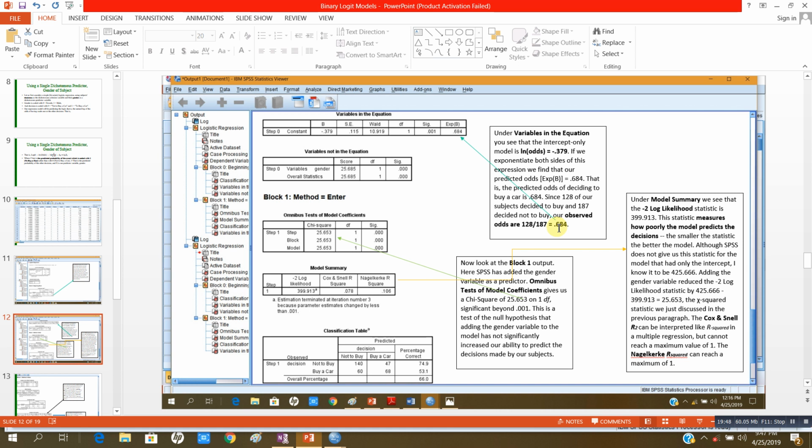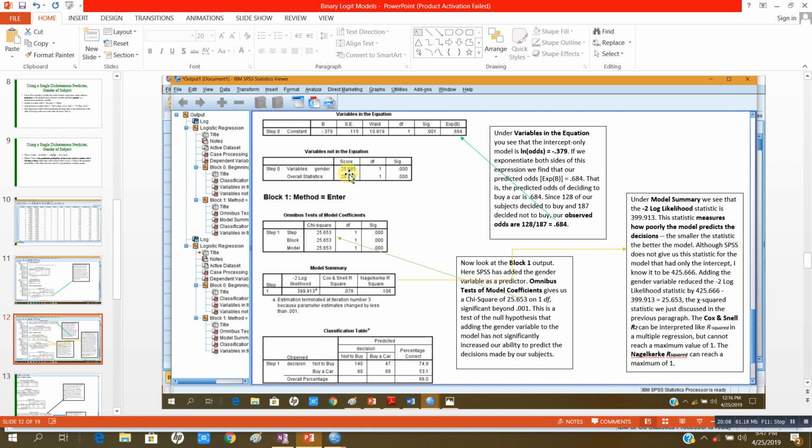Now here is the variables in the equation, and here SPSS has included the gender variable in the model. So now the chi-square statistic is 25.685. I'll explain this a bit later.